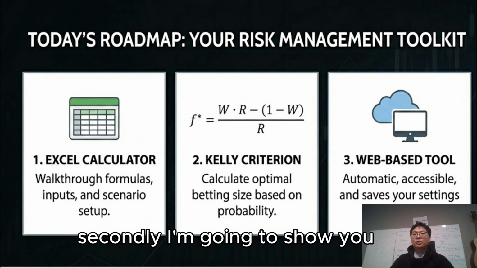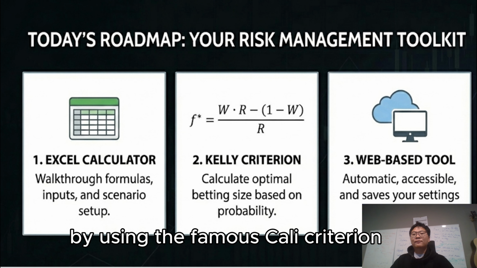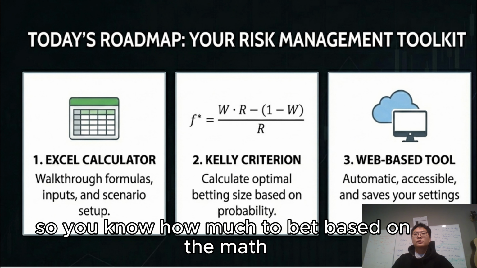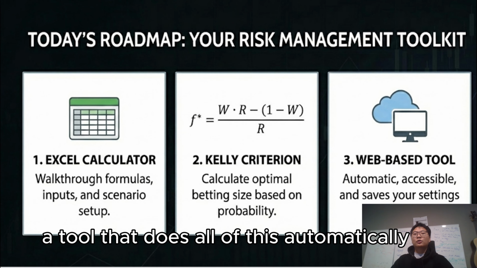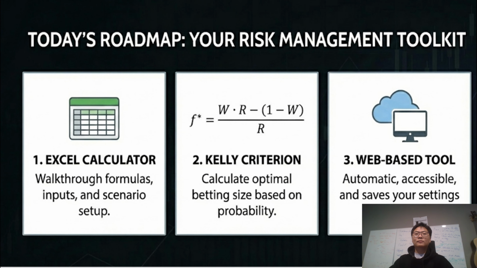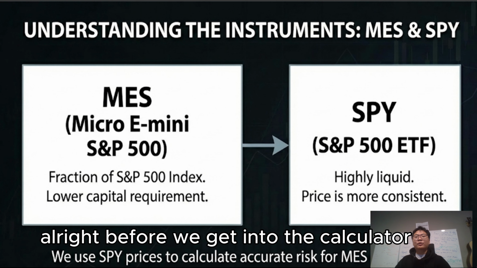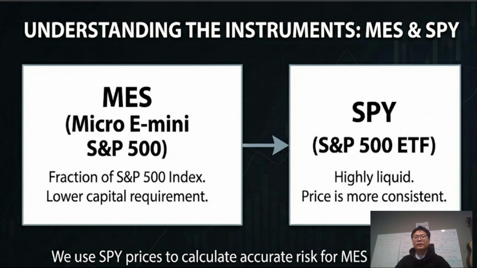Secondly, I'm going to show you how to find your optimal betting size by using the famous Kelly criterion, so you know how much to bet based on the math. And finally, I will show you something even better, a tool that does all of this automatically, so you don't even need Excel.